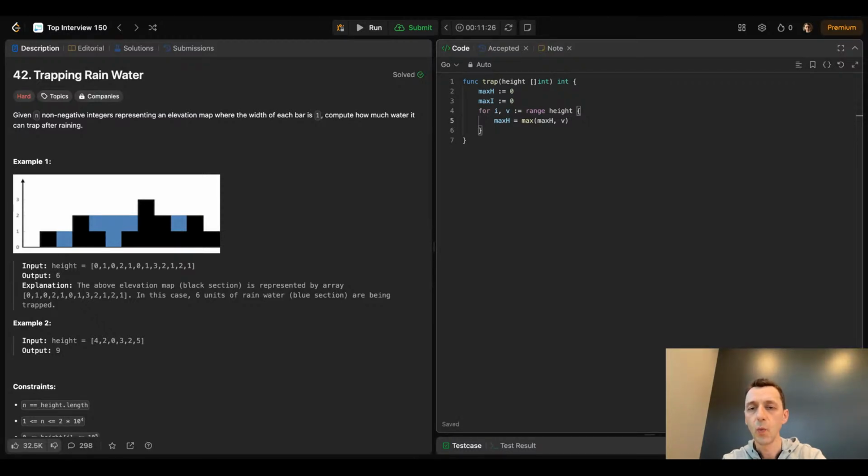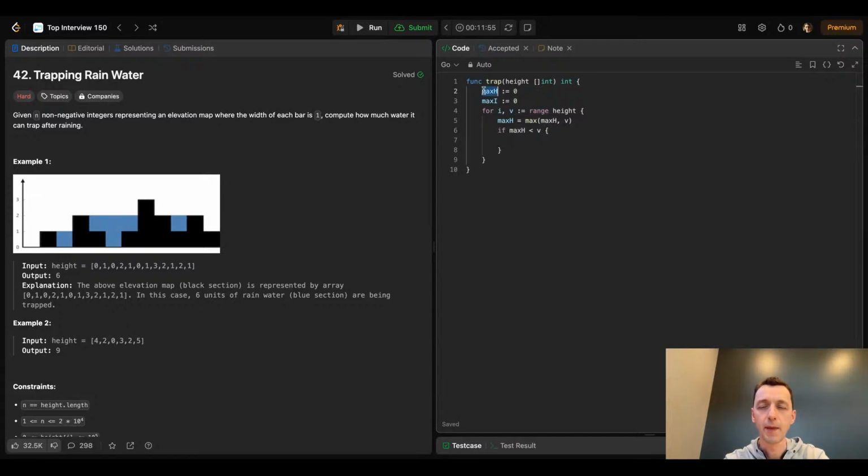That means we want to save the index, because we don't need that much the height. We need that index. The height we do need to remember as well. So basically, if max h is smaller than h, that means that's when we need to remember.